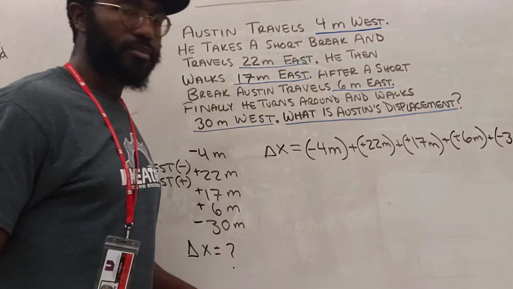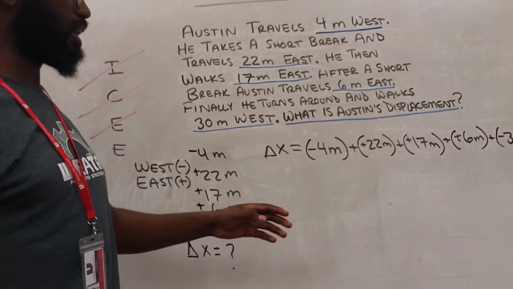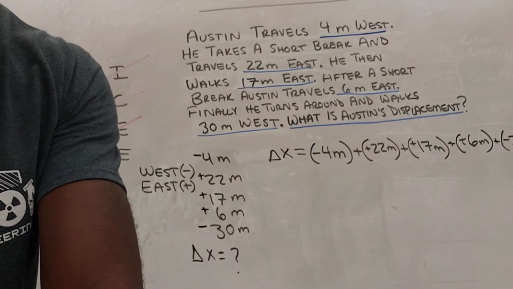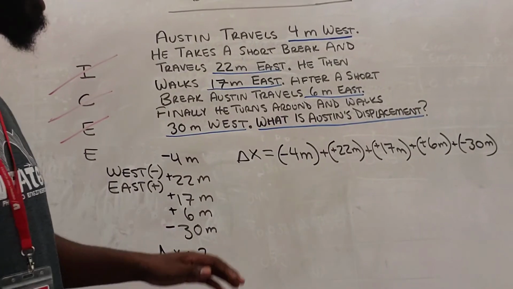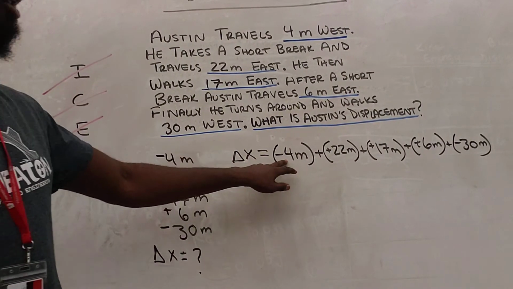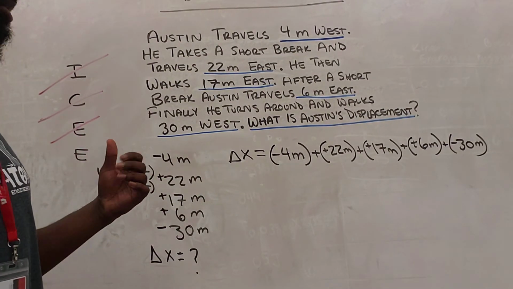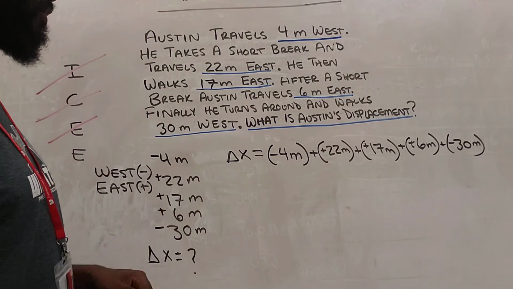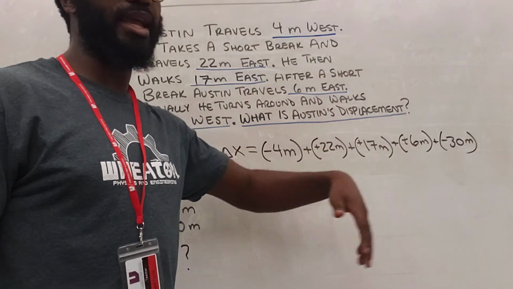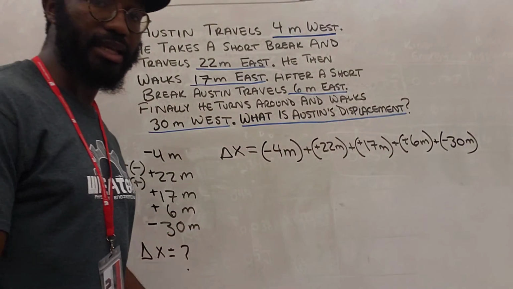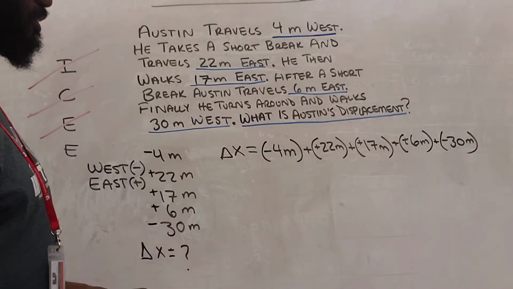Okay. So again, here we can see that our negatives are just telling us that this displacement was heading west, which we deemed to be the negative direction. And the positives are just saying that that displacement is going east, which we've said is the positive direction.